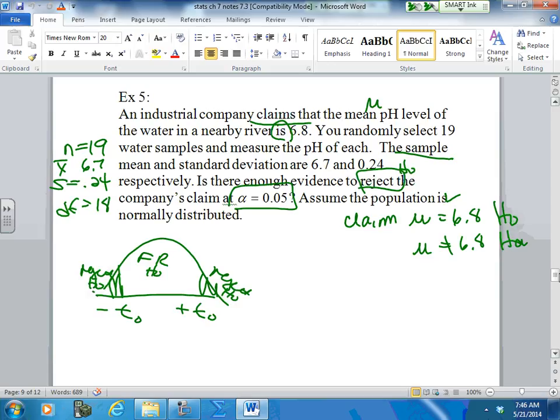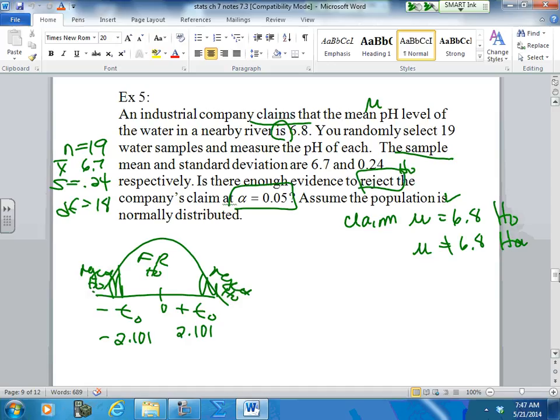Find your critical value. 2.101. Now, 2.101 on the left side of the 0 is negative. You're only getting one. One's a negative, one's a positive. Again, your curve is symmetric. So this totally makes sense to us.